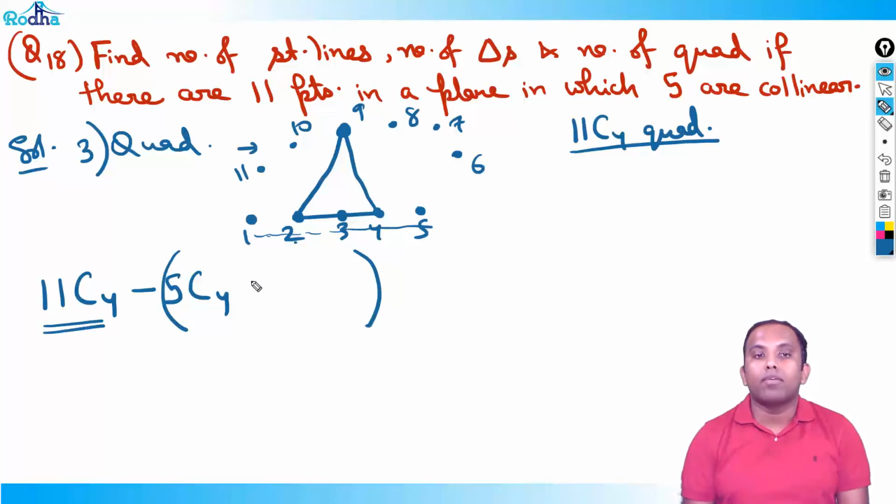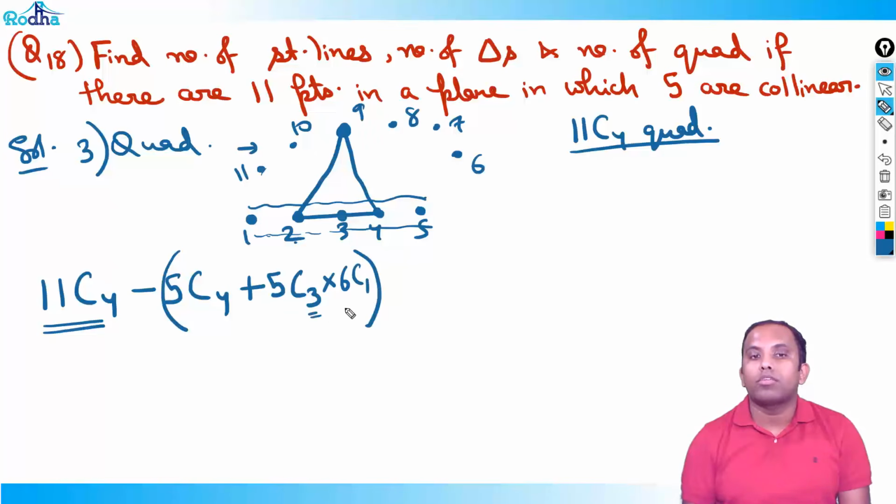So 5C4 plus what? One more case I have to subtract from the total. This case is selecting any 3 points out of these 5 points, that is 5C3, and multiply by selecting any 1 point out of the rest 6 points, that is 6C1.